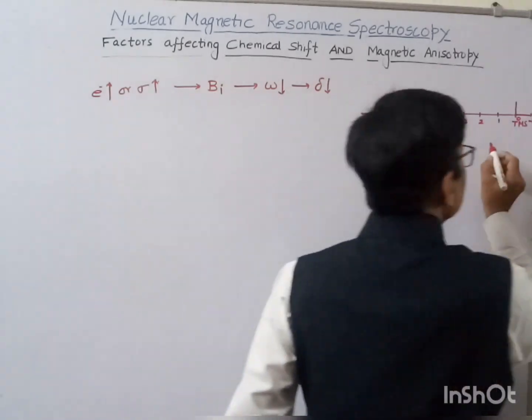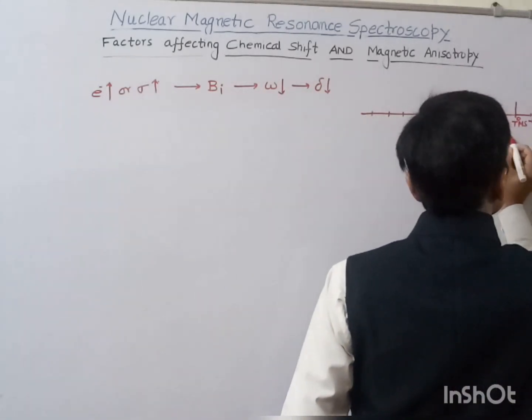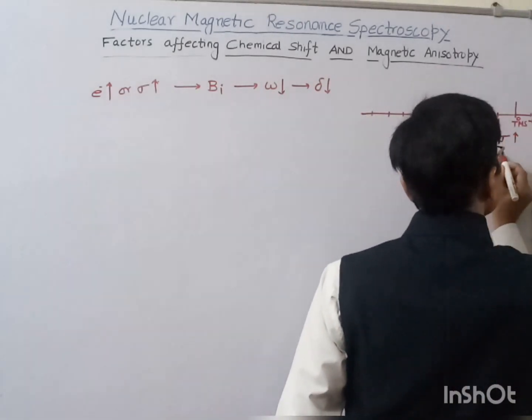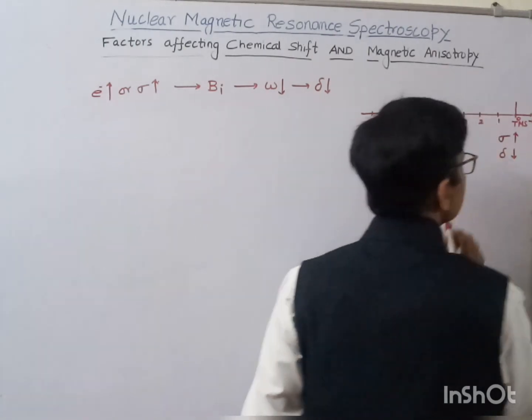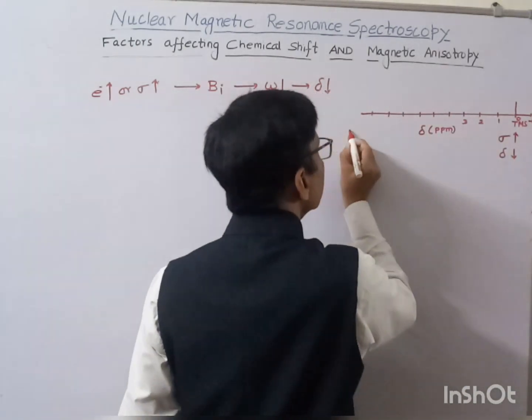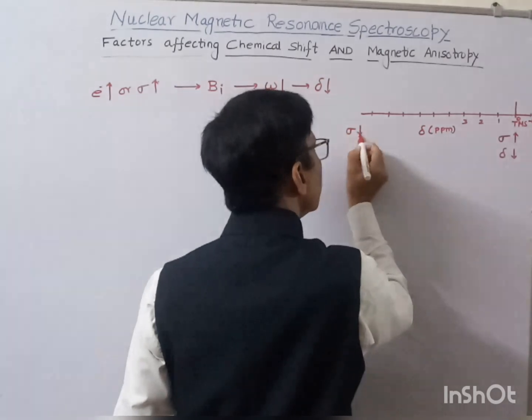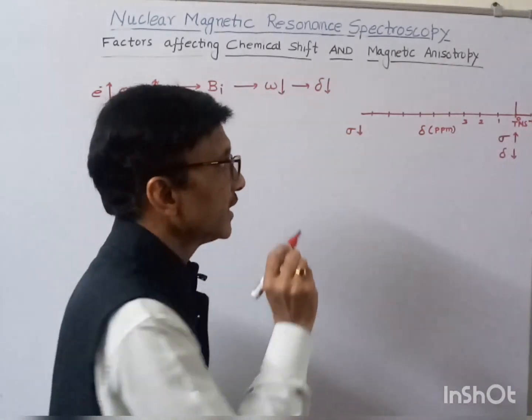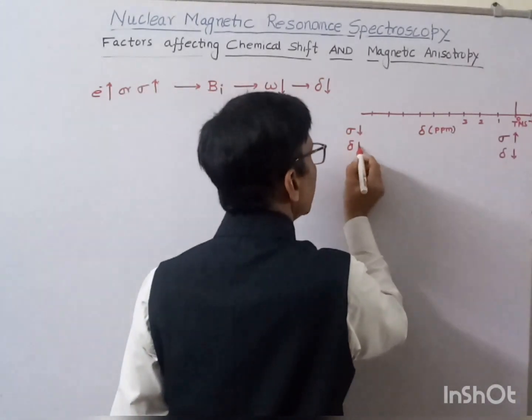That I told you: if shielding increases, then the delta value will decrease. And if shielding decreases, meaning the electron density decreases, then the delta value will increase.